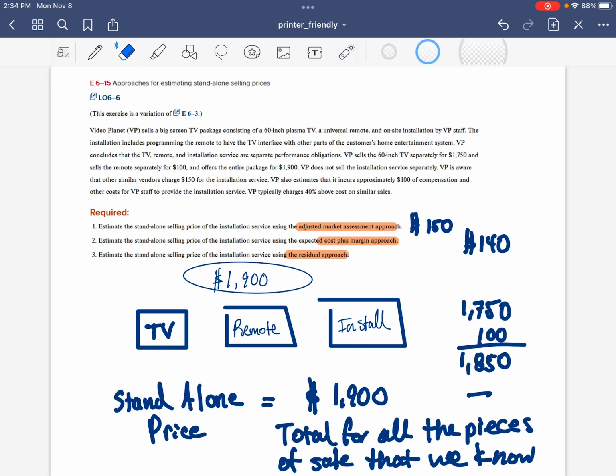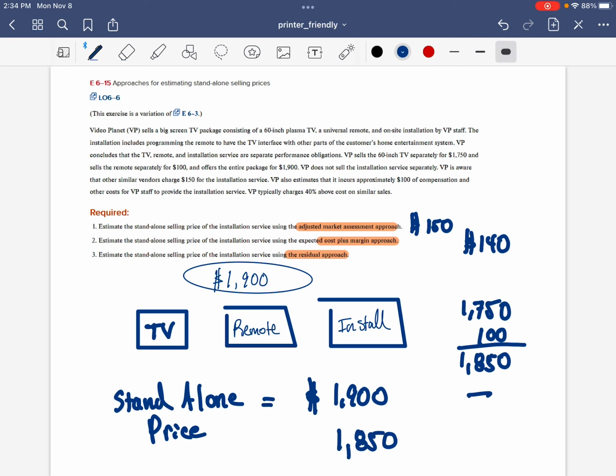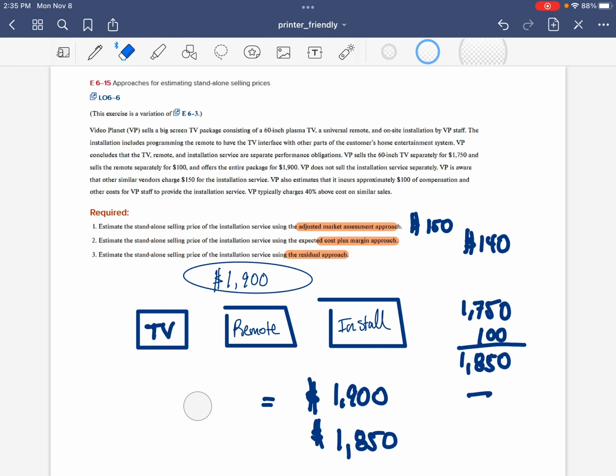Whatever is left over in the bundled price must be the standalone price. So in this method, we get a standalone price of $50. The answer to part 3 is 50.